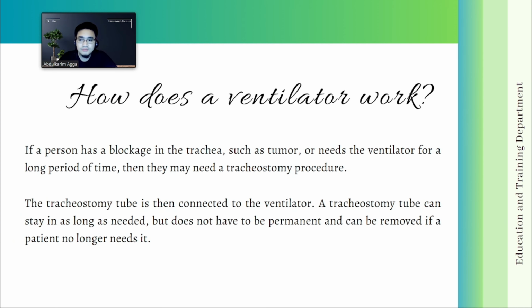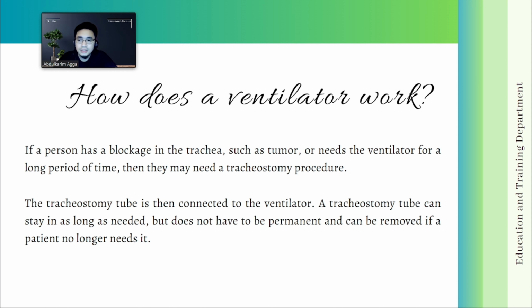How does the ventilator work also? If the endotracheal tube does not work anymore, and the patient needs long-term ventilation, then the patient shall have what we call a tracheostomy, which Miss Bonnie will discuss in the next video, including the parts, the indications, and the things to remember.